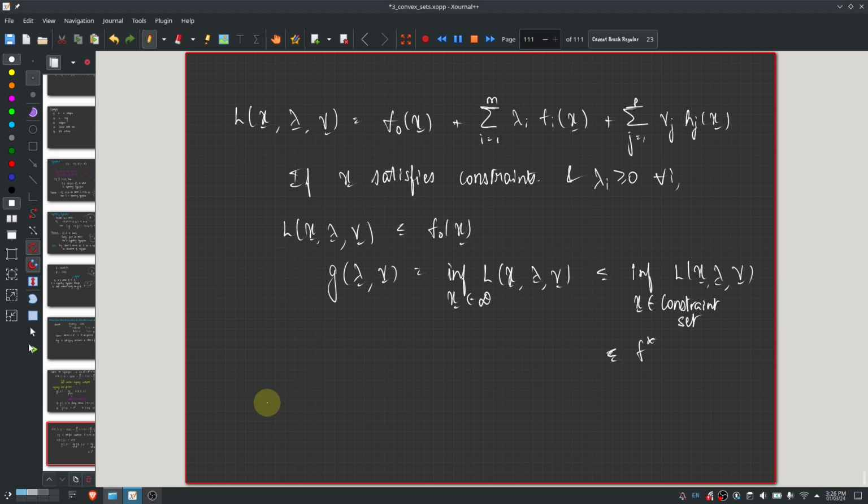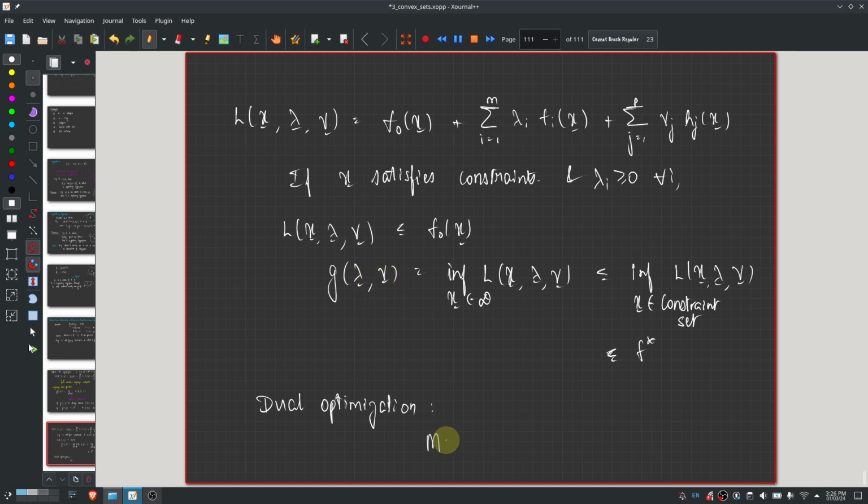Okay. So now I can define the dual optimization problem. Since this is true for all lambda greater than or equal to 0 and for all nu, this will also be true if I maximize g with respect to lambda and nu.